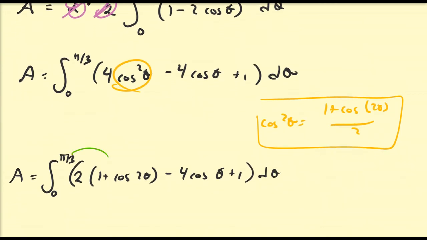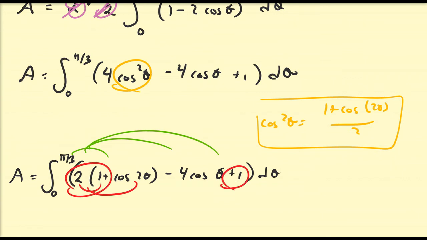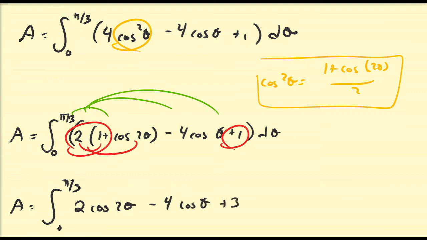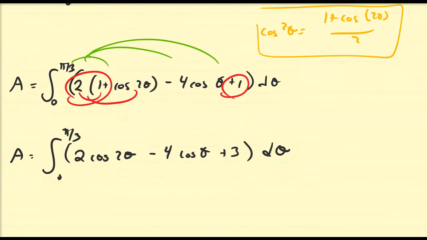I can integrate over this, or I can distribute and then combine like terms. It doesn't really matter, whatever you're comfortable with, but I'll distribute and combine like terms to make this clean. So I'm going to have 2 cosine 2 theta minus 4 cosine theta plus 3 d theta.